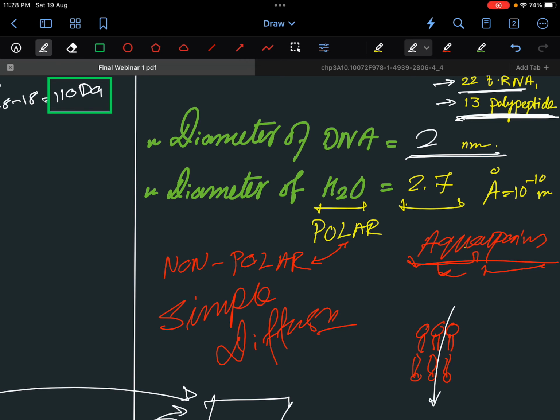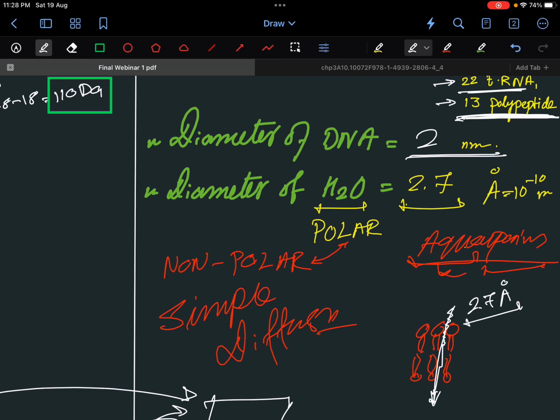Why? Because the size of the water molecule is so small, 2.7 angstrom, that it allows the water molecule to squeeze between the lipids and pass through the membrane without any channel.